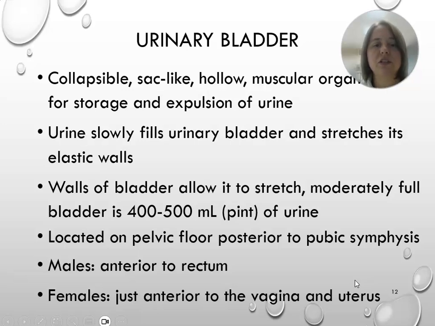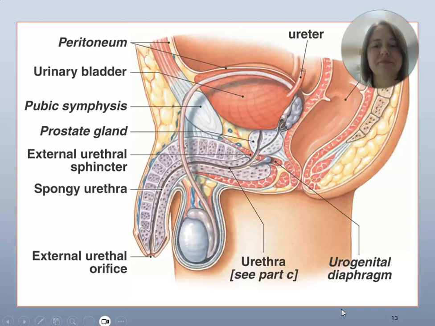So in females, there's the rectum, then the vagina, then the bladder, with the uterus behind and on top. So the uterus is kind of sitting right there on the bladder, especially if there's a baby, a fetus in there. It can push on that bladder.